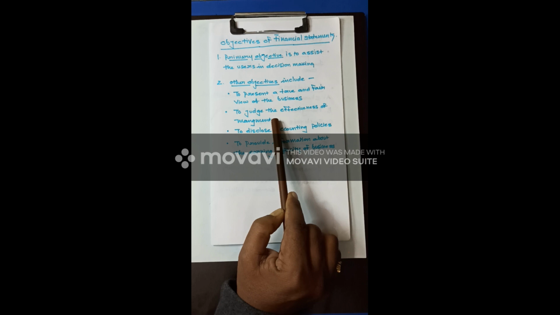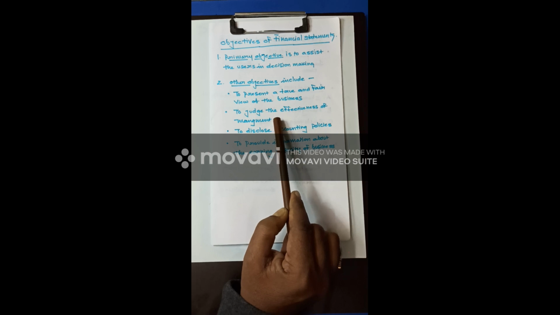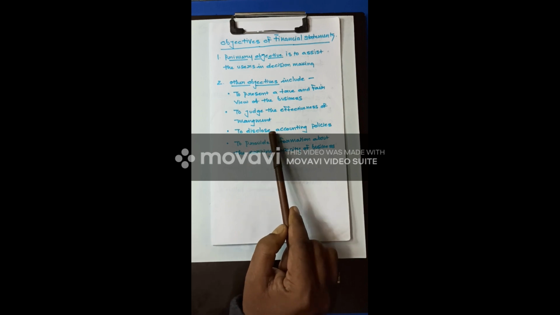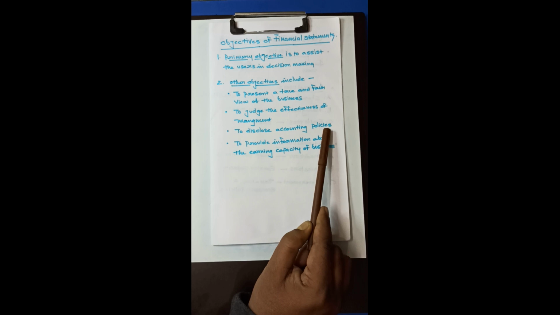Like if the business is making profit, then you know that the management is effective. And by looking at the balance sheet, you can know how the management is optimizing the utilization of various resources. The financial statements also disclose the various accounting policies adopted by the firm.